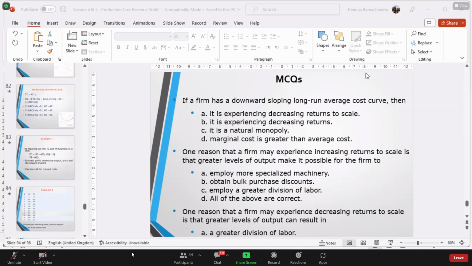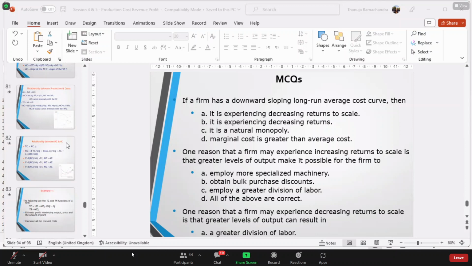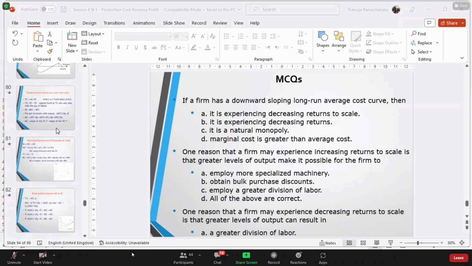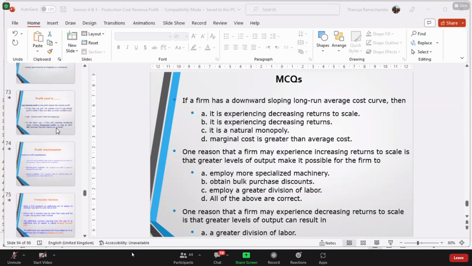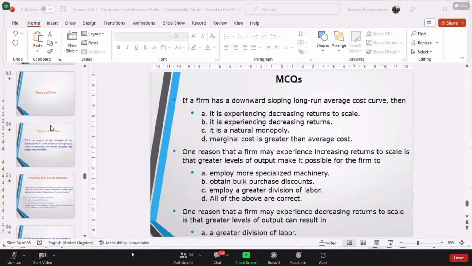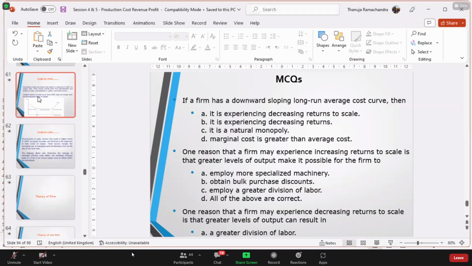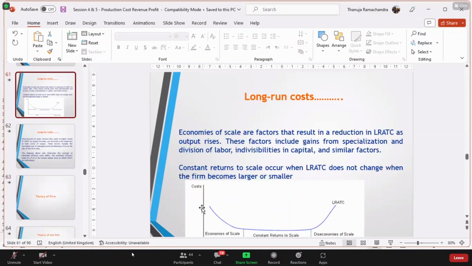No, the question is about the long run average cost curve, downward sloping long run average cost curve, right? What do you mean by downward? It is going downward, right? So I would think it is this phase that they're talking about, right?